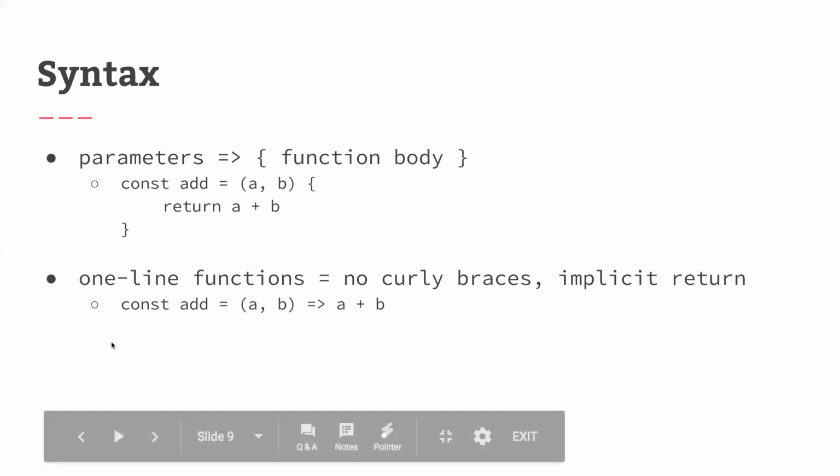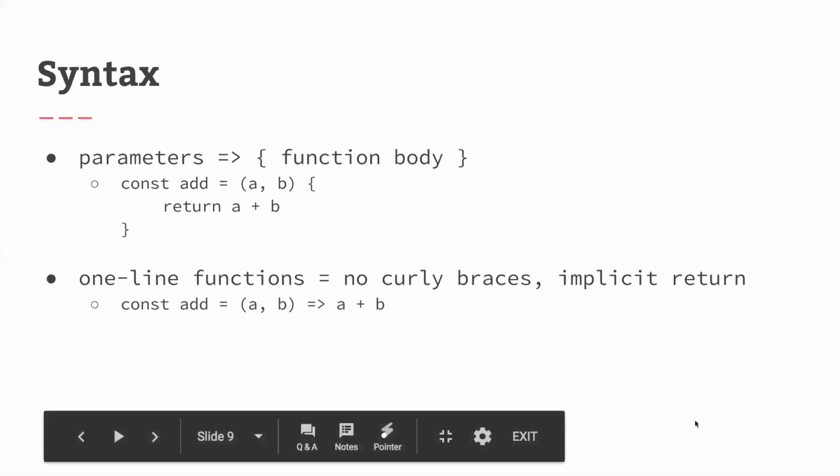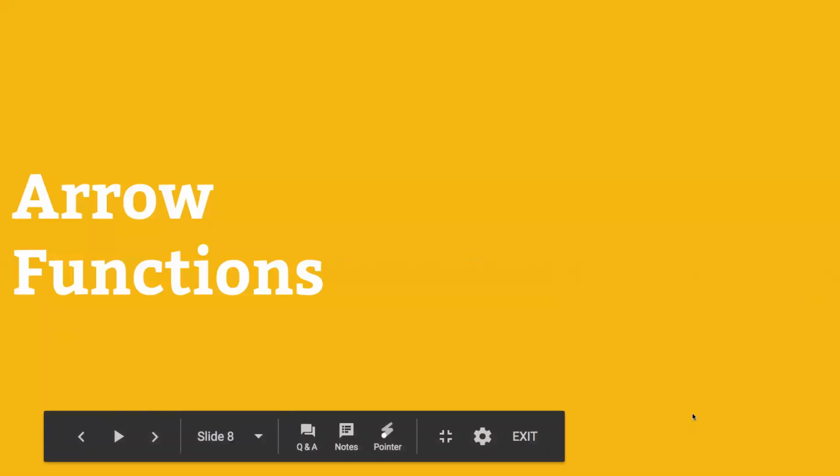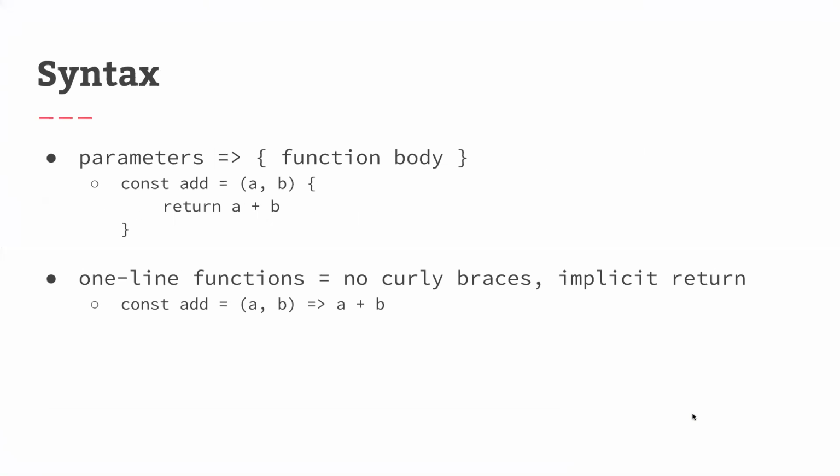Okay, so let's talk about arrow functions. Basically, you can do parameters, and then the arrow, and then the function body.